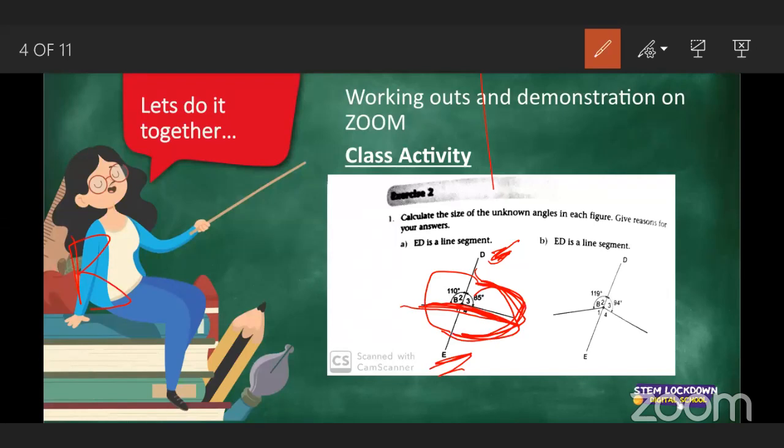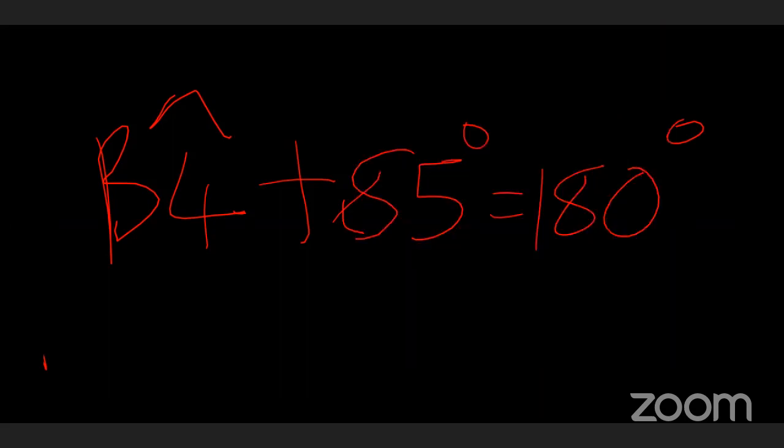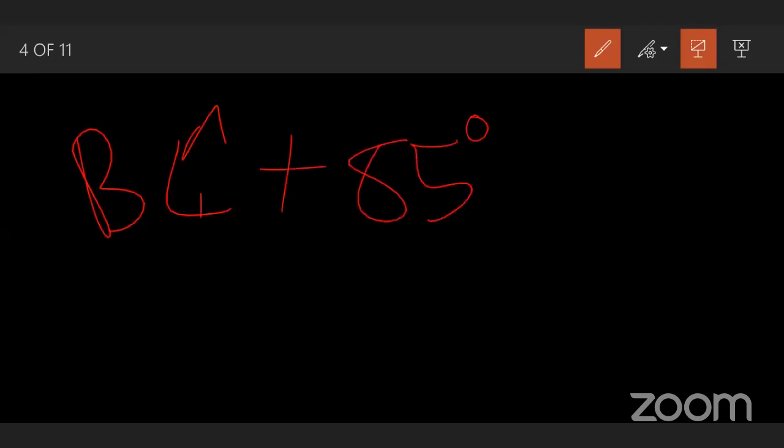Our equation will have our B4 angle plus 85 degrees equals 180 degrees, because we are doing one side before we can do the other side.